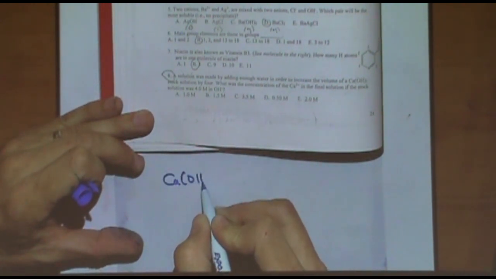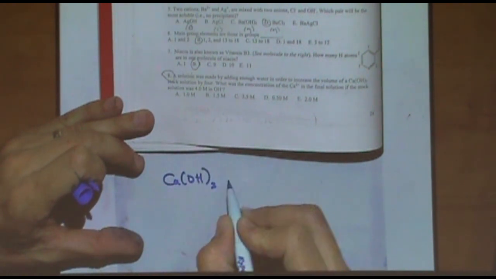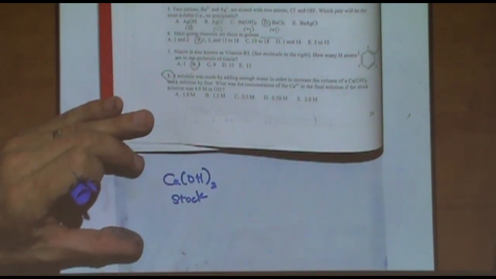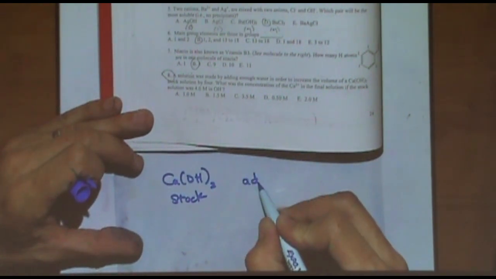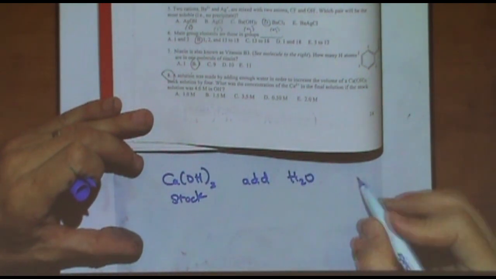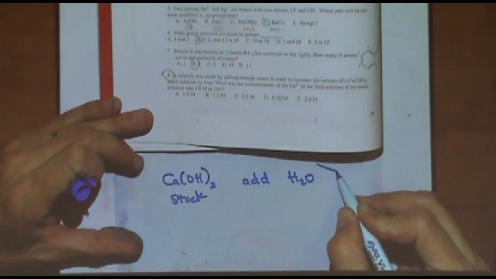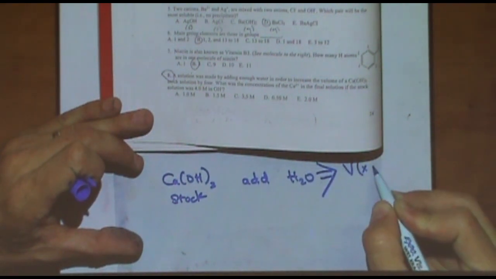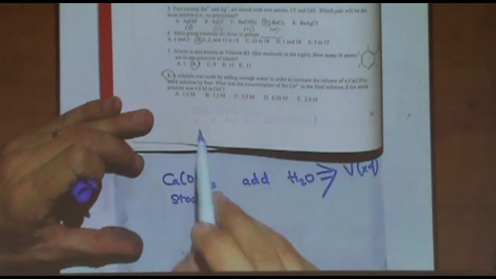Okay, a solution is made by adding enough water to increase the volume. So you've got a calcium hydroxide stock solution. That's what you get from the stock room or the dispensary. You're going to add water such that the volume is going to go up by 4 times.